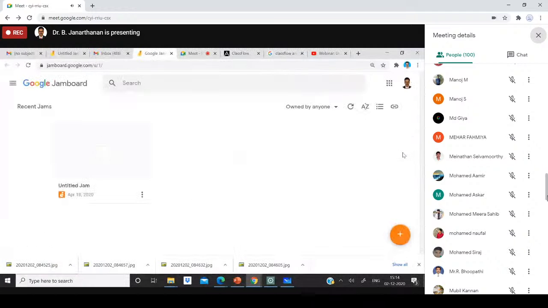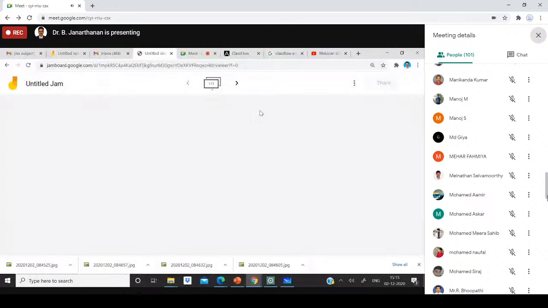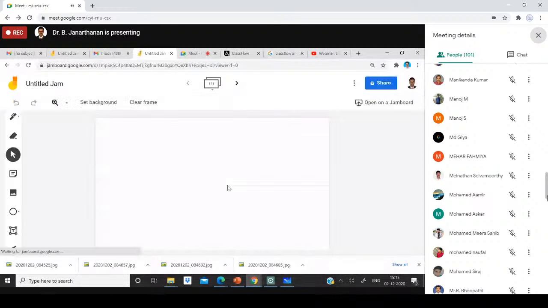So you can use this Jamboard for making simple drawings like this. Again, this is very limited. You cannot use many tools here. You can choose different backgrounds here. You can use this checked or a plain background like this. And here you can choose this pen for drawing.